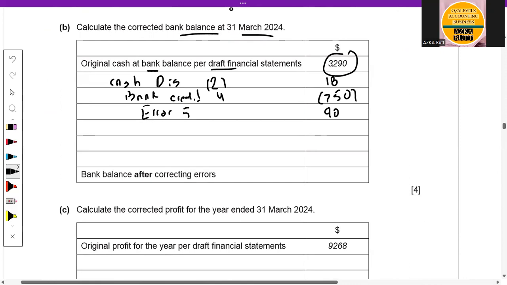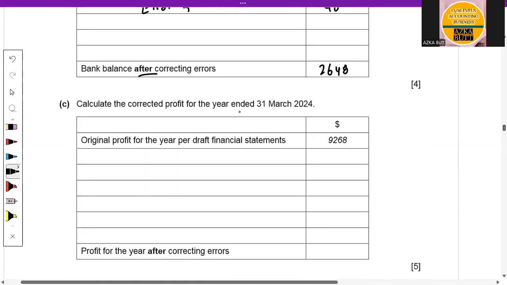So 3290 plus 18 minus 750 plus 90. So we have the bank balance after correcting errors, which is 2648. Okay, now let's see the other one. Calculate the corrected profit for the year ended 31st March 2024.